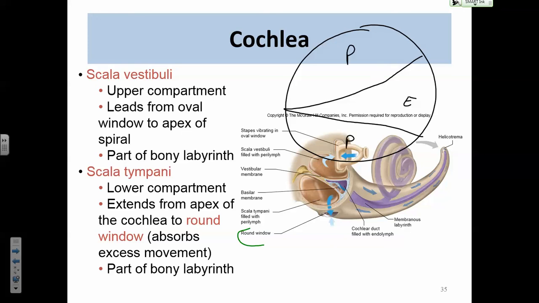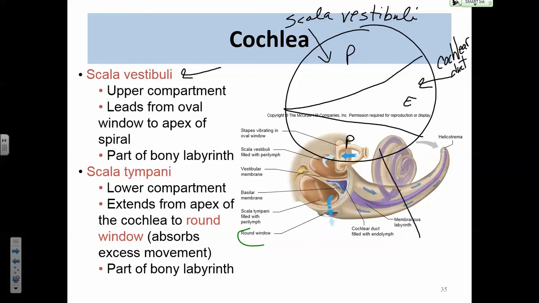This upper compartment right here is called the scala vestibuli. The middle compartment is the cochlear duct, and it's filled with endolymph. And then the lower compartment right here is the scala tympani.